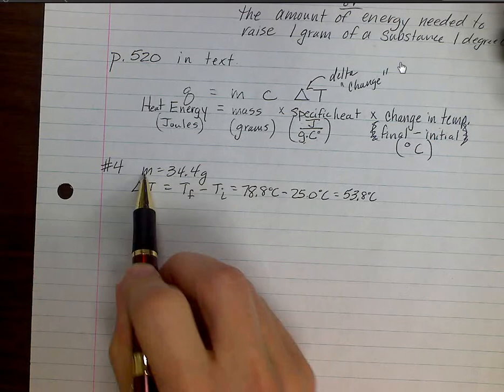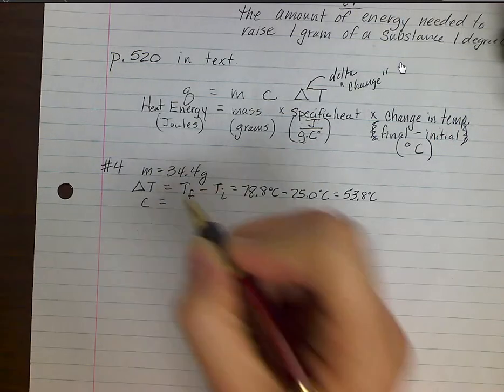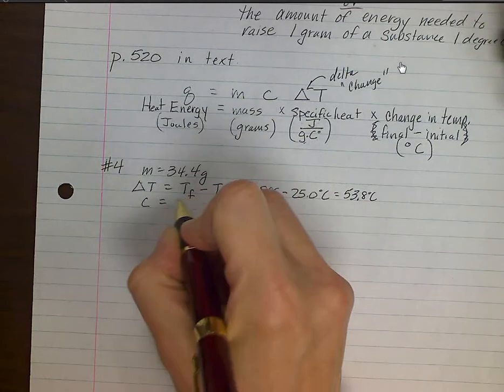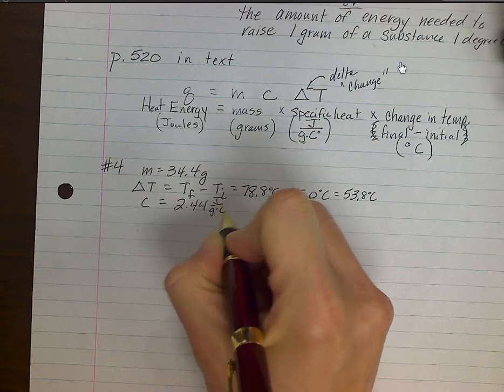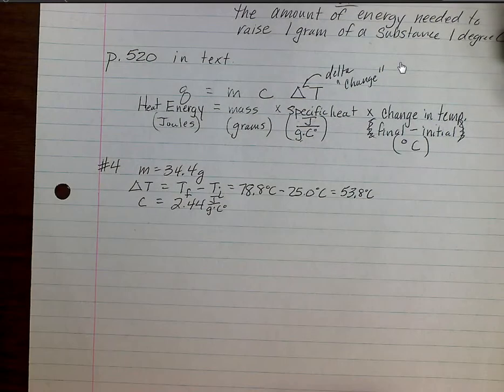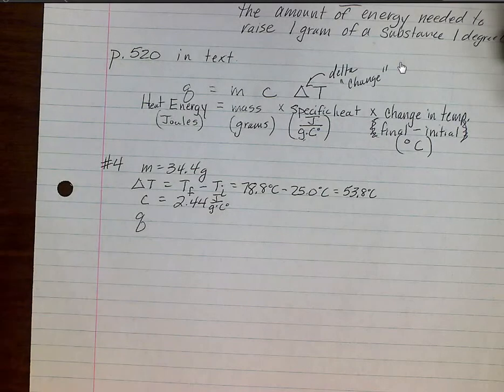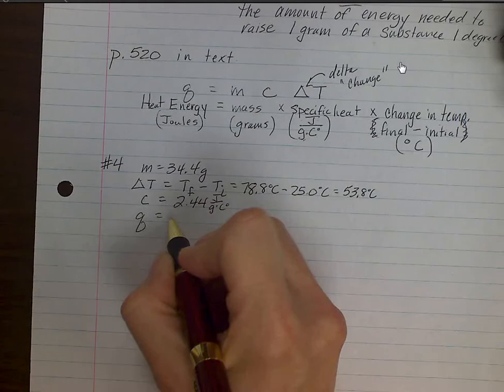Okay, so I've got m, I've got delta T. It says we're dealing with ethanol, so you can look up the specific heat of ethanol on the table on page 520, and ethanol is 2.44 joules per gram times degrees Celsius. It's asking us to solve for the heat: how much heat is absorbed by the ethanol? Q is heat, so that's what we're solving for. We just plug our numbers into MCAT.